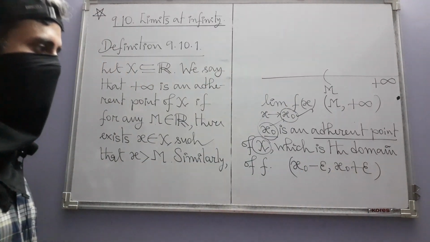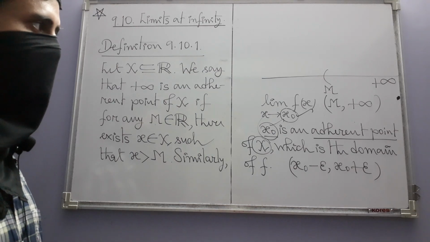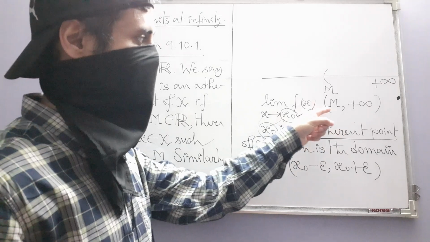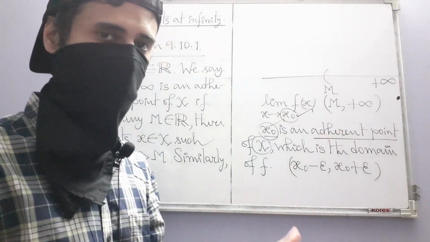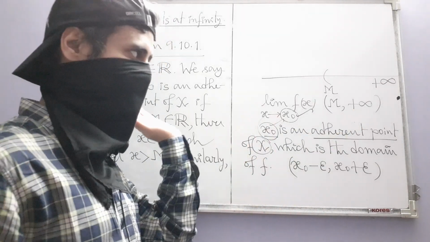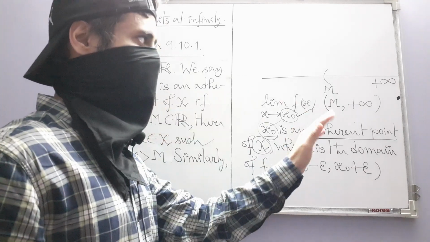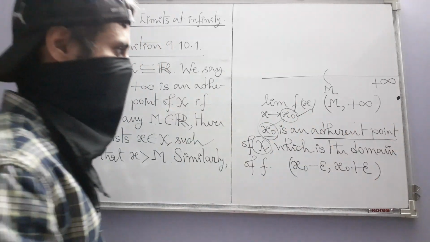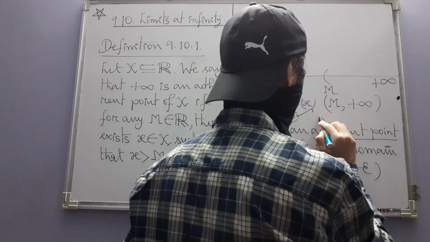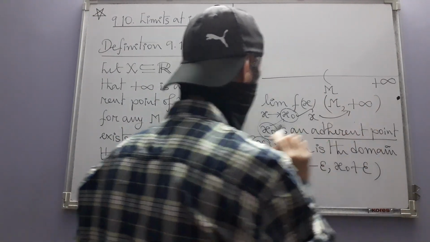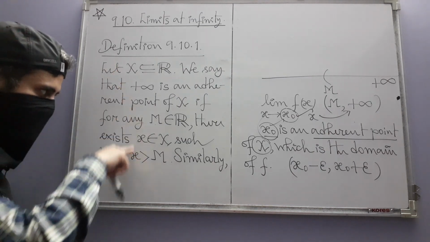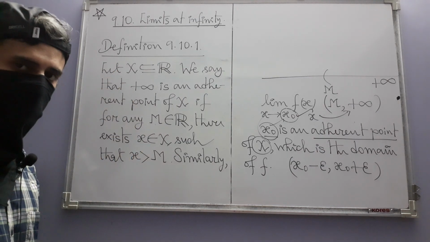It is something that contains x naught and it is very small. This one, however, does not actually contain plus infinity. That's why I said that it's not exactly a neighborhood of plus infinity, but it is somewhat like a region that is towards plus infinity. And that region has at least one element of X because of this inequality. That's why the definition has this condition.